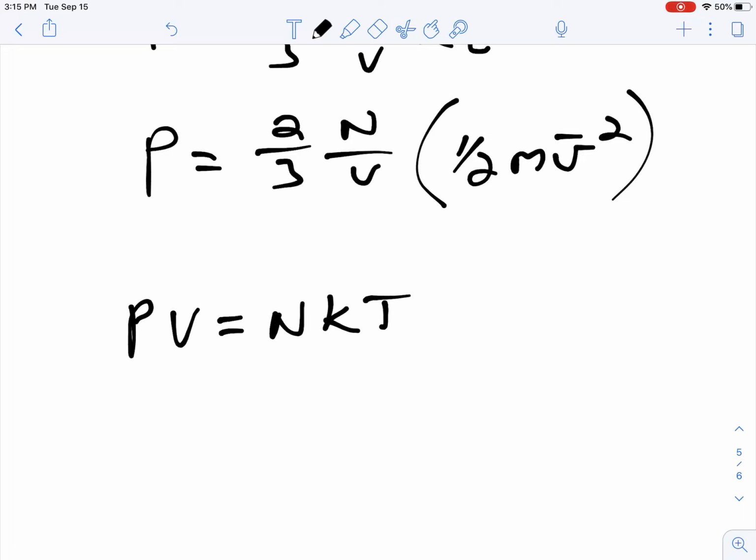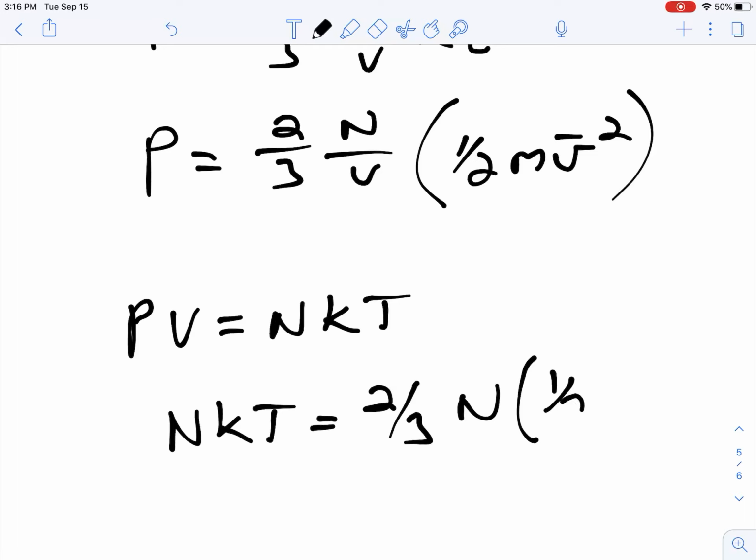If we take this equation and move this V over here, we would have NKT should equal 2/3 N times our average kinetic energy.